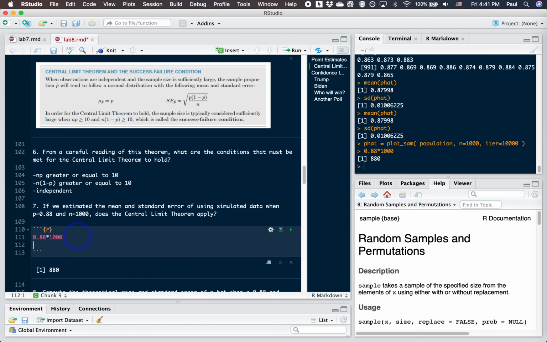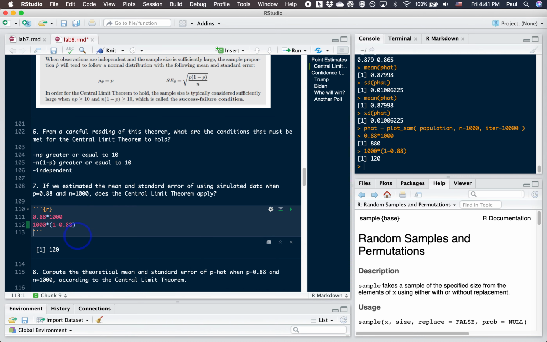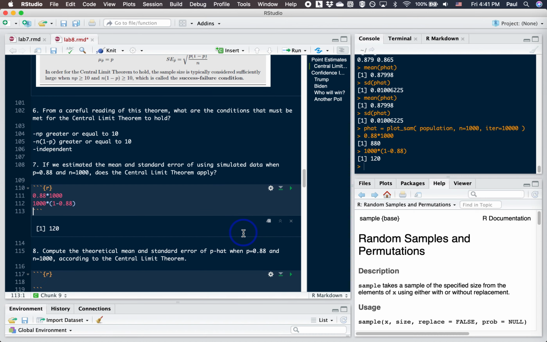Oh, good, it is. And then 1,000 times 1 minus 0.88 should be greater than 10. And oh, good, it is. So we can verify that, yes, we can use the central limit theorem.